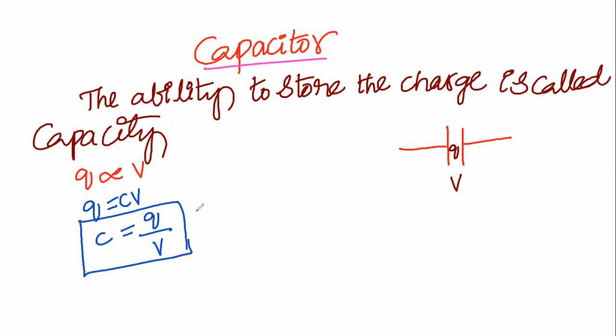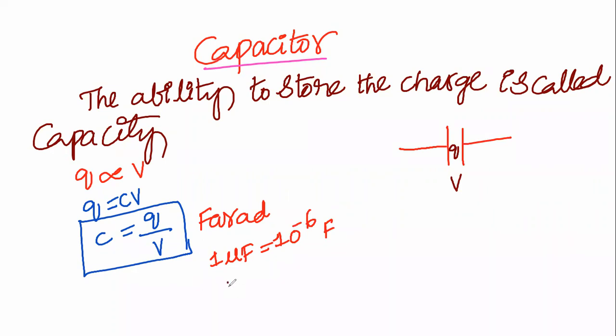Its unit is coulomb per volt, but generally we use the unit farad. Farad is a larger unit. Generally microfarads are used. 1 microfarad is equal to 10 power minus 6 farad.